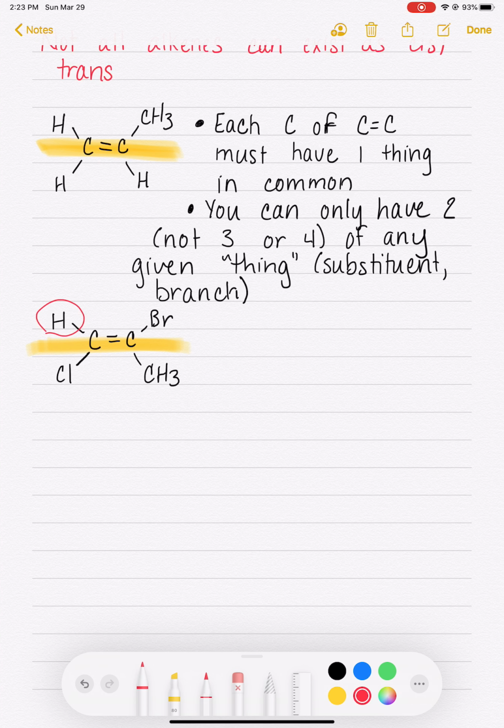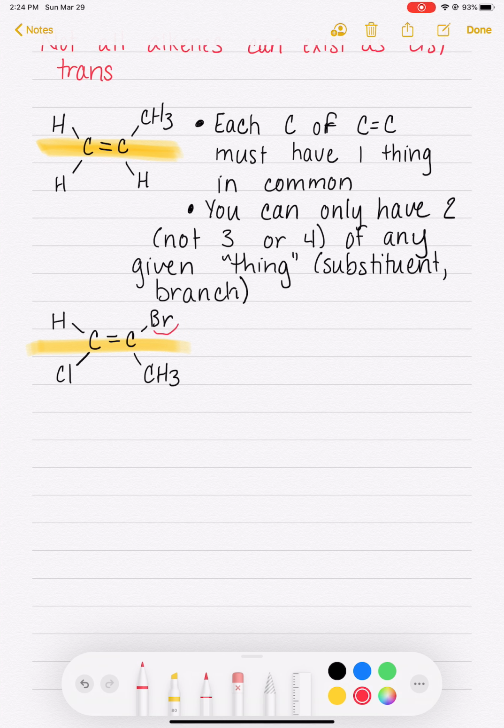If we wanted to classify this molecule as cis or trans, we have to look for a hydrogen. There must be a hydrogen on the other carbon, and there is not. So we can't use hydrogen to classify as cis or trans. Let's try chlorine. If we're going to try with chlorine, there must be a chlorine on the other side of the molecule in order for us to classify as cis or trans. There isn't, so we can't use chlorine.